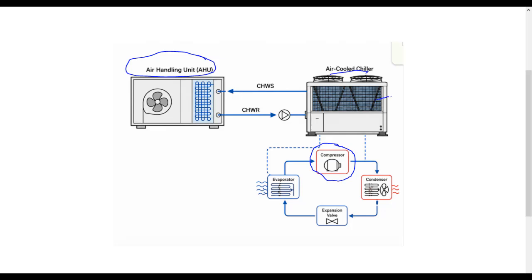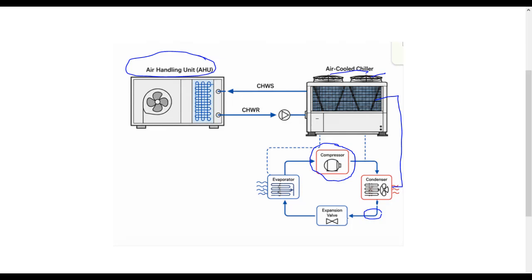The part above is basically the condenser, and these are the fans of the condenser. When the refrigerant is in this condenser, the air from the surroundings passes through the condenser coil and absorbs heat from it. Here we get a medium temperature but high pressure refrigerant.